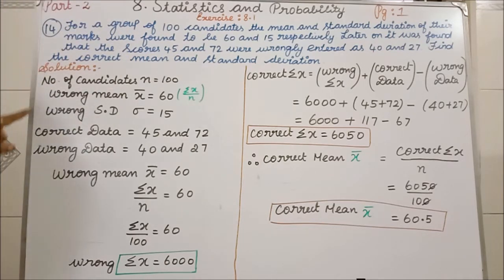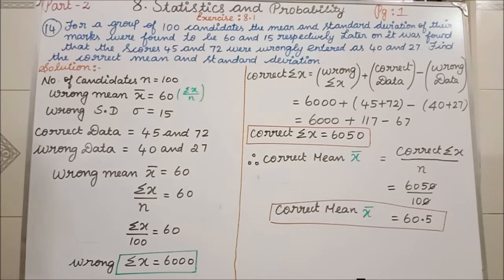Using these we have to find the correct mean and the correct standard deviation. In page number 1, I have found the correct mean, the correct X bar. In the remaining page number 2, we will find the correct standard deviation.